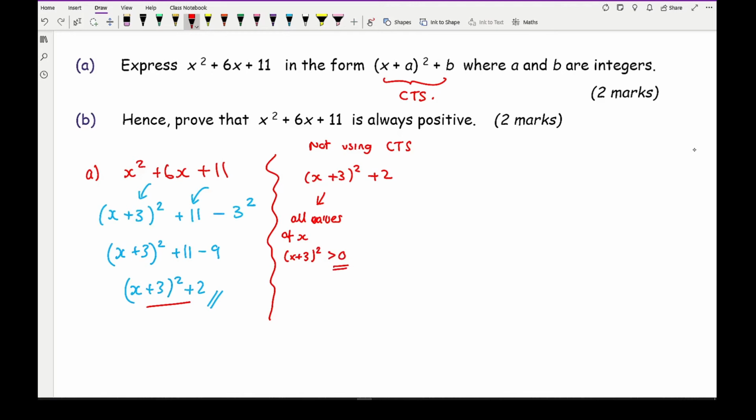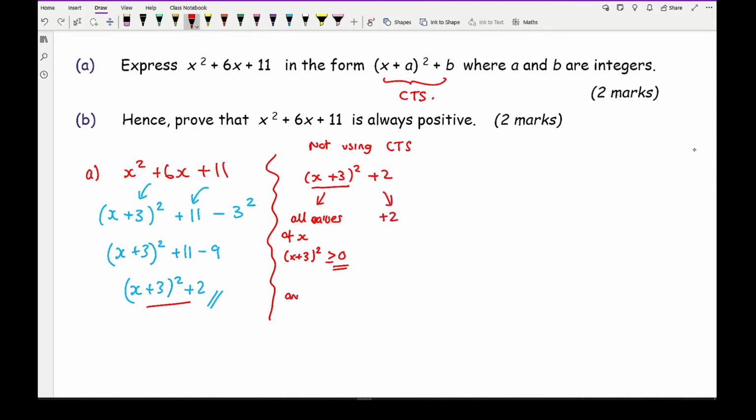Because you're going to square it, even if x was a ridiculously small number, let's say a negative number like minus 1000, then you'd still end up with minus 997, and if you square that, it automatically makes it positive. So the smallest value that this bracket could ever be is 0, and 0 squared would give you 0. So the smallest that this bracket squared could ever be is a number that's greater than or equal to 0. Now when you're adding 2, well, that's always going to be a plus 2.